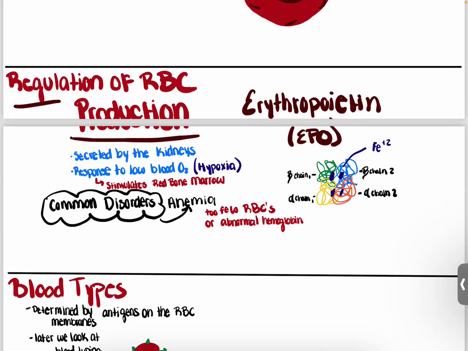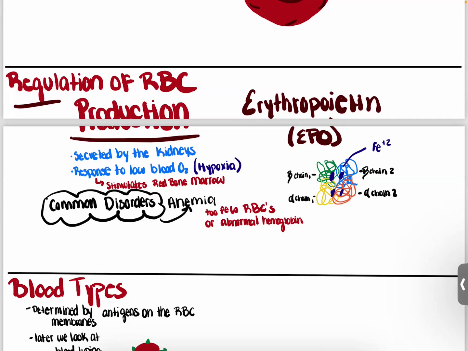So this signifies too few red blood cells or an abnormal hemoglobin count. And this can be really detrimental to the body. It can be an iron deficiency or a bone marrow failure, but it causes great fatigue and weakness.